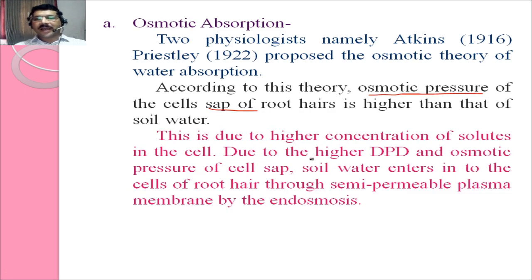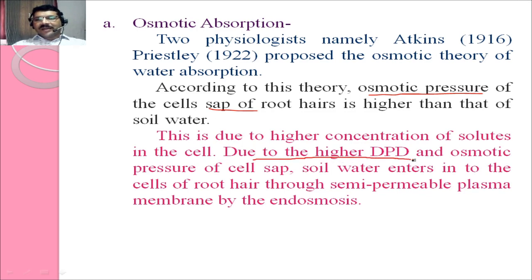Due to the higher DPD and osmotic pressure of the cell sap, soil water enters into the cells of root hair through the semi-permeable plasma membrane by endosmosis. So in this process, what happens in osmotic absorption, you can see here.